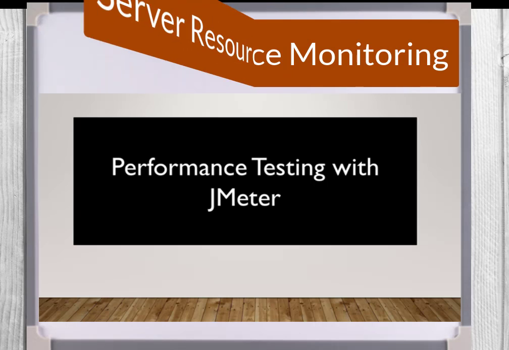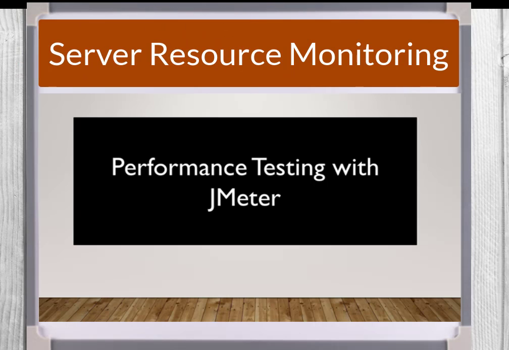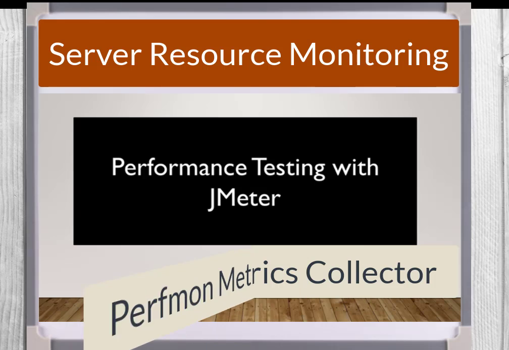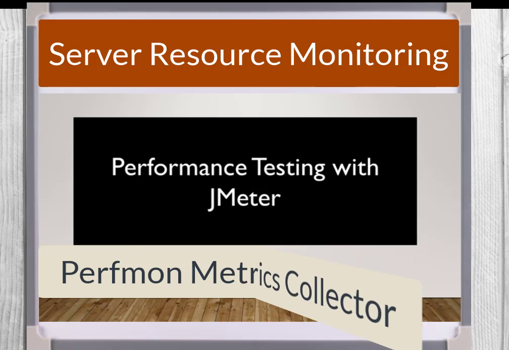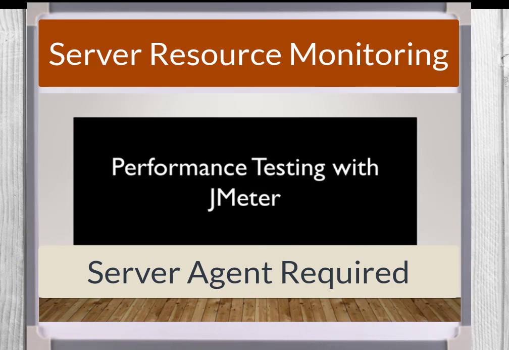As for service resource monitoring, one of the selections of JP@GC is the Perfmon Metrics Collector, which is the most popular component of the JMeter plugin set. It allows you to monitor metric resource usage of servers involved within a JMeter test scope.